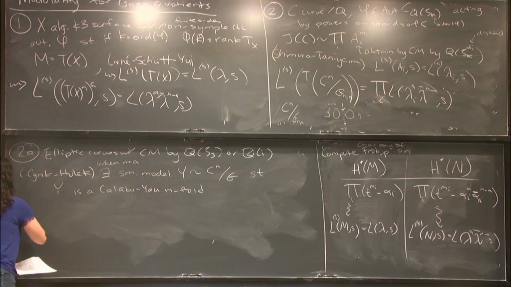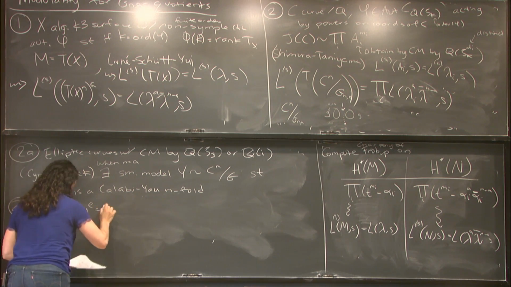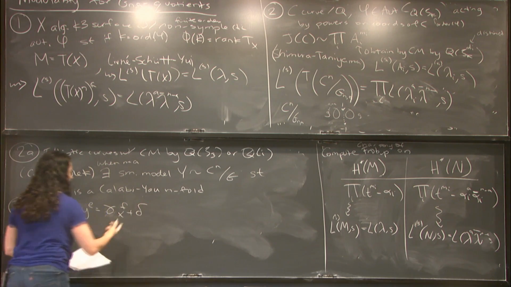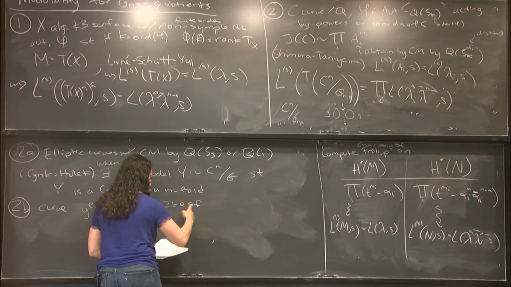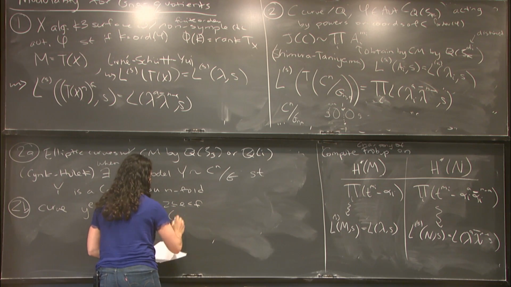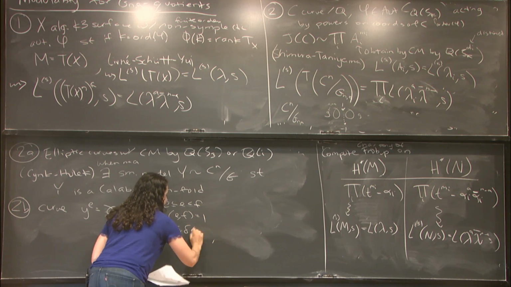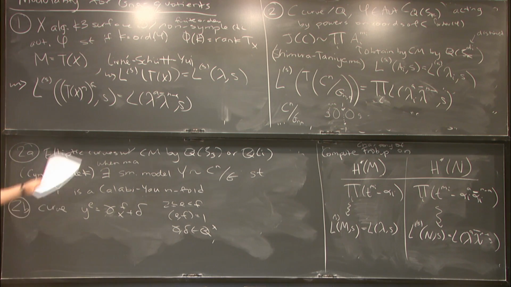And then 2b is that any planar curve of this form, where these exponents are bigger than 2 and coprime, and this thing is defined over Q, also satisfies this set of hypotheses.